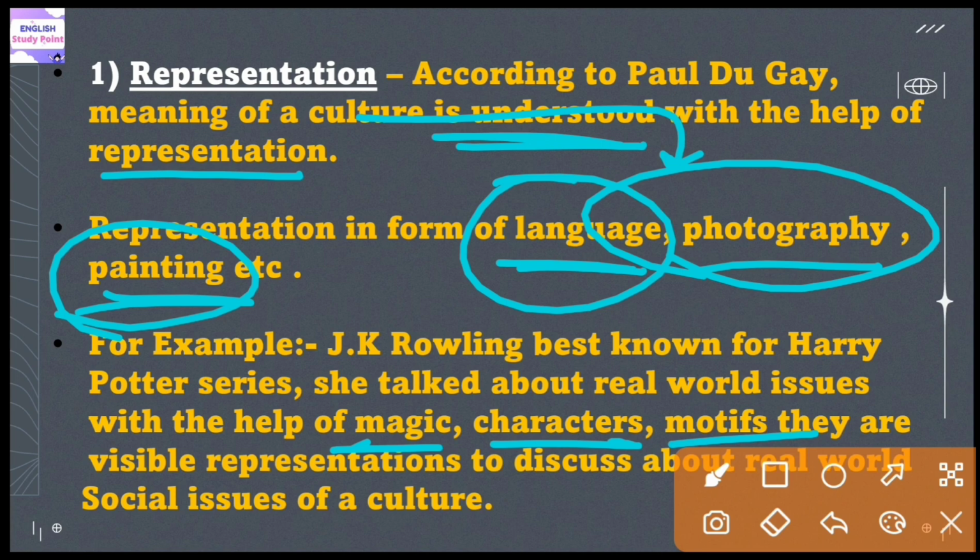So you have read about J.K. Rowling, who is known for this series.